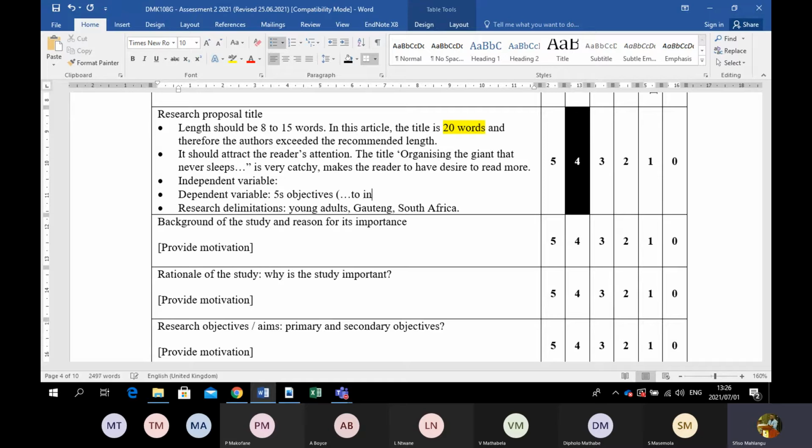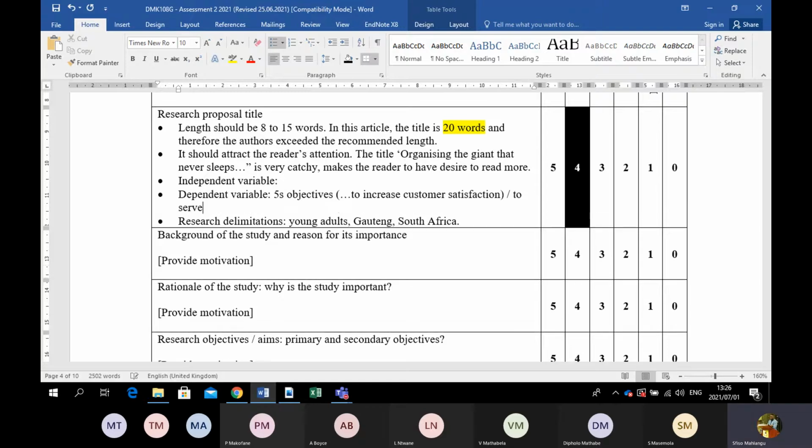So let's say maybe it's about to increase customer satisfaction. That will be to serve, which is the serve objective. And then let's say maybe our title, we have to link it to increase customer satisfaction.